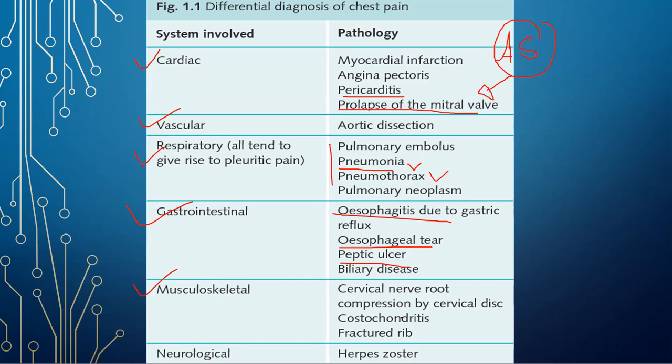Also, apart from that, there could sometimes be a condition called costochondritis or Tietze syndrome. Costochondritis is mainly when the cartilage between the ribs can get inflamed sometimes, and that is called costochondritis.